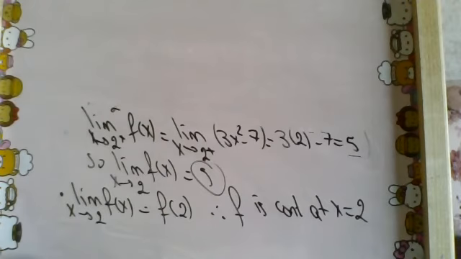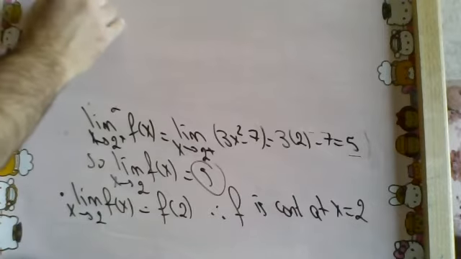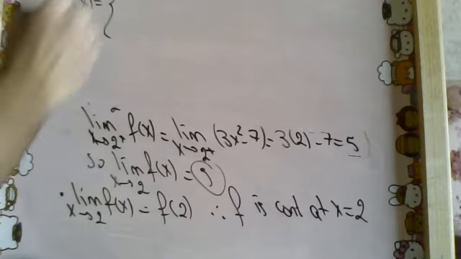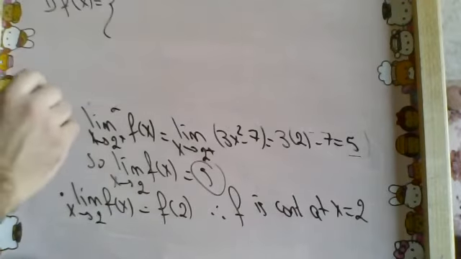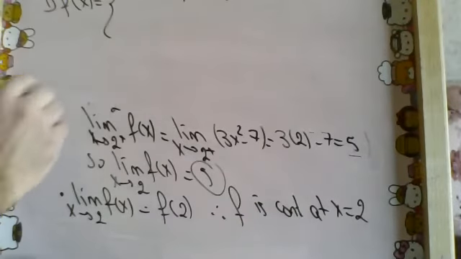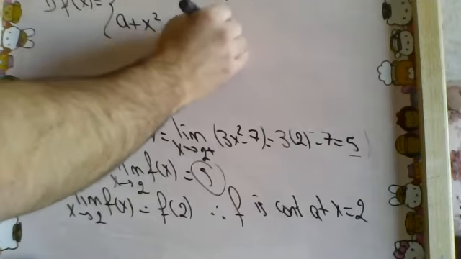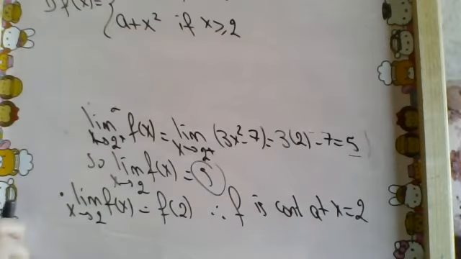Exercise number 6. You have to find the values of A and B. Find the values of A and B that make the function f continuous for all values of x. Part 1: f of x is equal to 3x if x is less than 2, and it's 8 plus x squared if x is greater than or equal to 2.